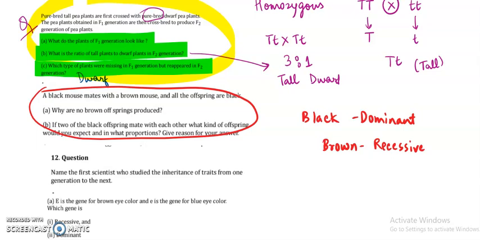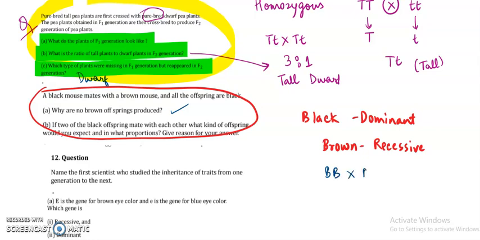If 2 black offspring mate with each other, what kind of offspring would you expect? In what proportions? Give reasons. Now they are asking that black offsprings are crossed together, right? In this question, they have not mentioned whether the black is homozygous or heterozygous, because there is no offspring produced in the F1 generation, so we will consider black to be homozygous.